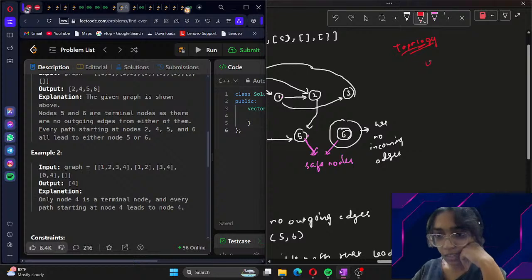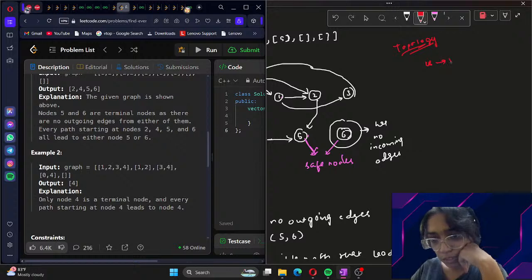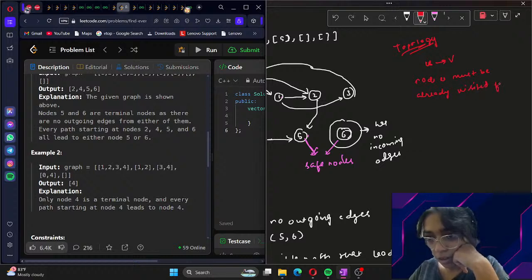Topology basically means that if there is an edge from U to V in a directed acyclic graph, then node U must be already visited before visiting node V.